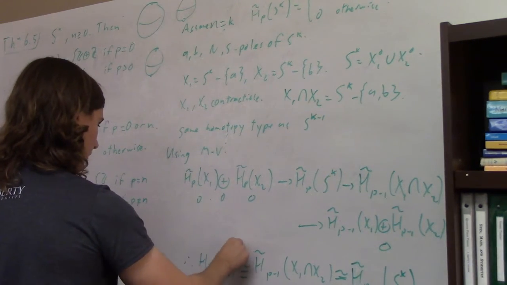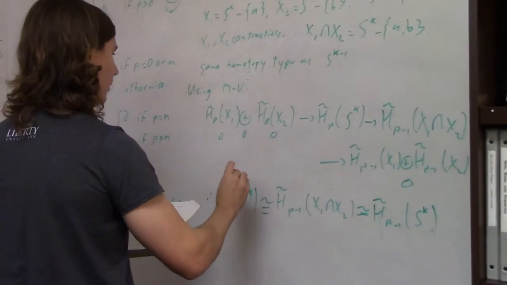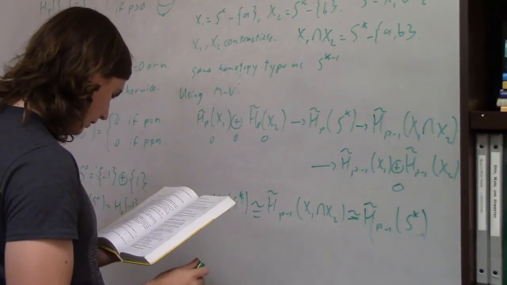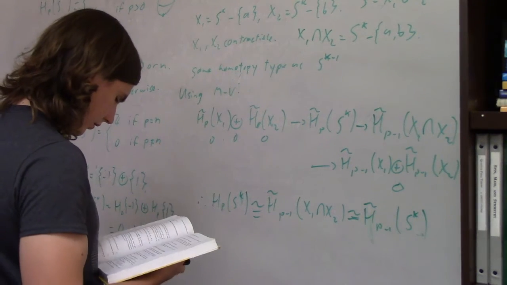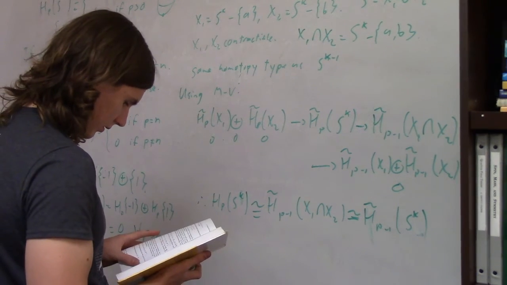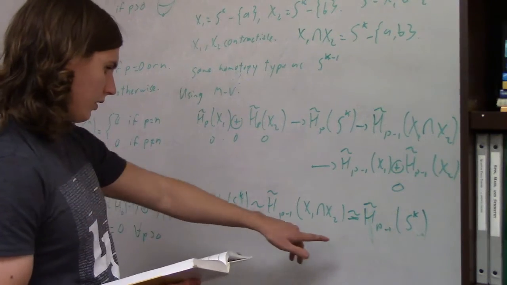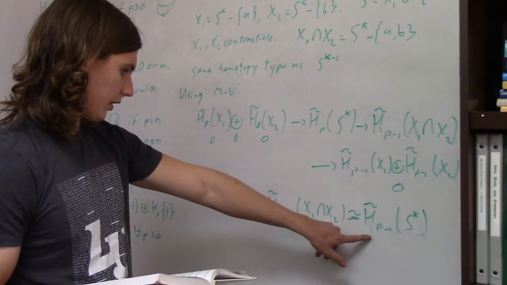Okay, hold on. I'm trying to make sure I understand what's going on. By corollary 4.24. Okay, so these are isomorphic because they're the same homotopy type.